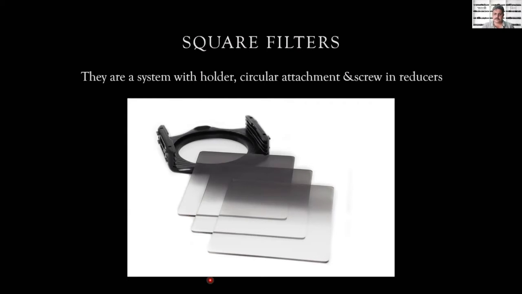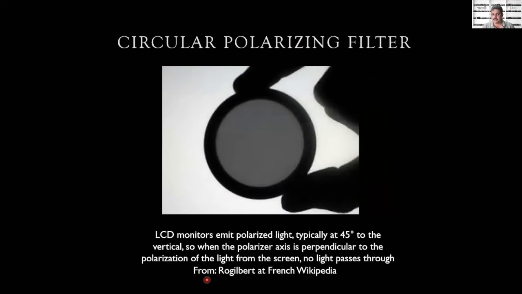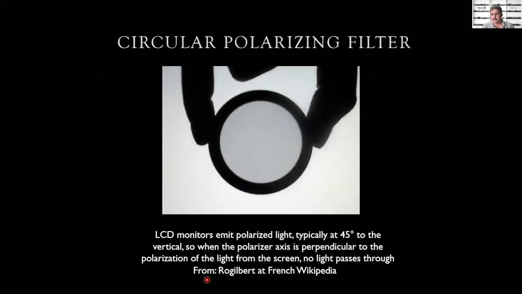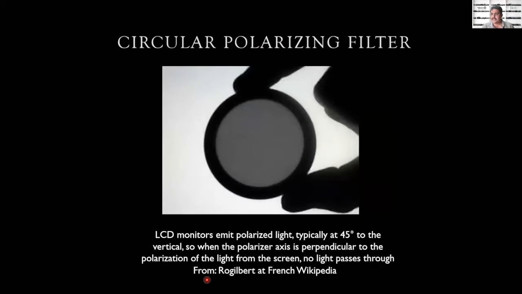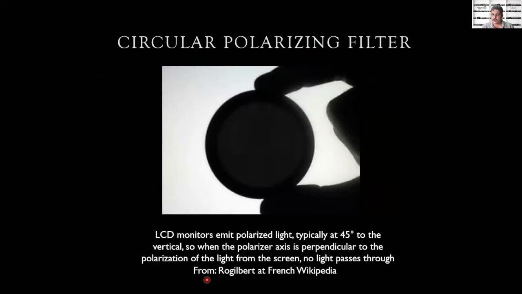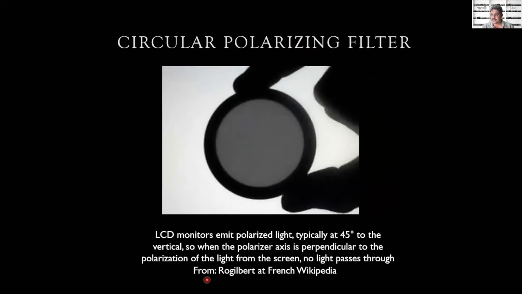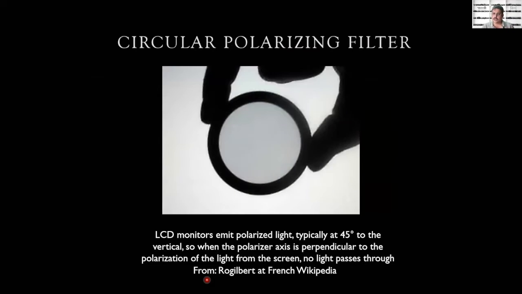That is a circular polarizing filter. Now, here is a demonstration of how that circular polarizing filter basically works in front of a LCD screen. So LCDs always emit a polarized light. Normal sunlight is not a polarized light.